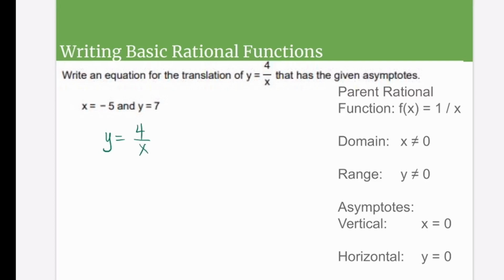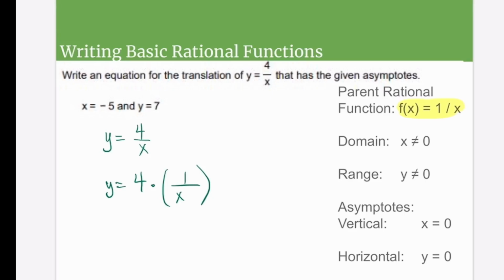So I'm going to rewrite this as y equals 4 times 1 over x. This way I can see my rational function 1 over x. So this already, that 4 is telling us that it's a vertical stretch of 4. We're not reflecting anything. We're just going to have larger y values.